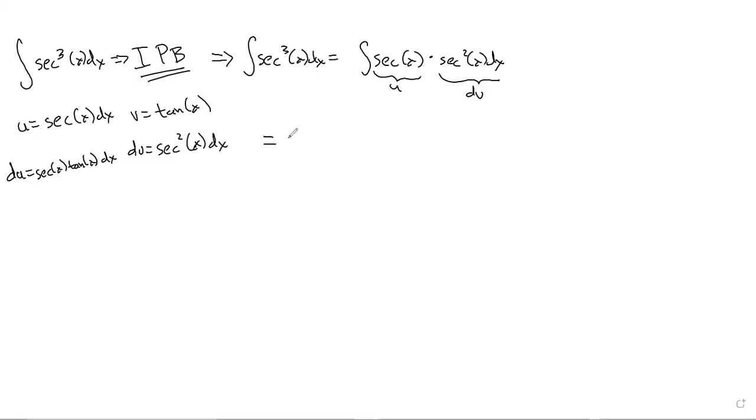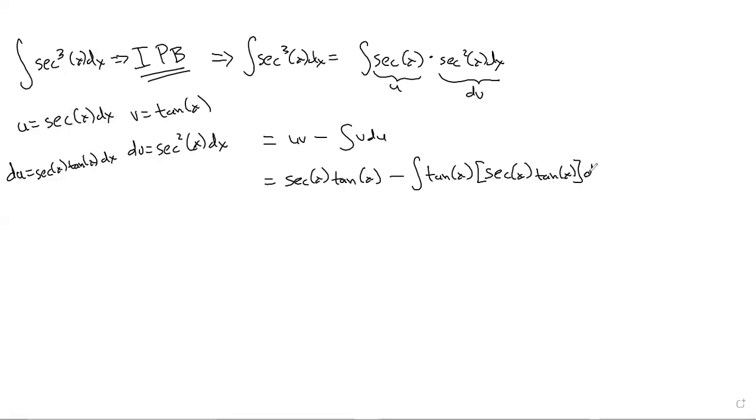We know from integration by parts that it's going to be uv minus the integral of v du. So uv, secant x tangent x, minus the integral of tangent x times secant of x tangent of x dx.